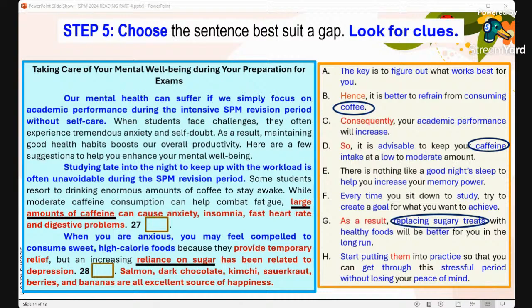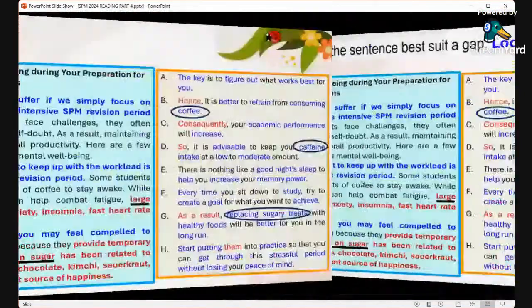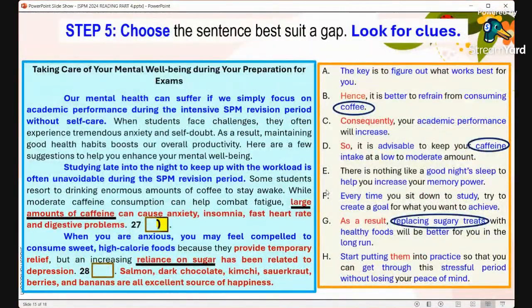So that's where you have to be careful when you are reading. One says refrain, one says take some amount but don't take too much. Okay, so you choose the answer. So you have D. You're right.